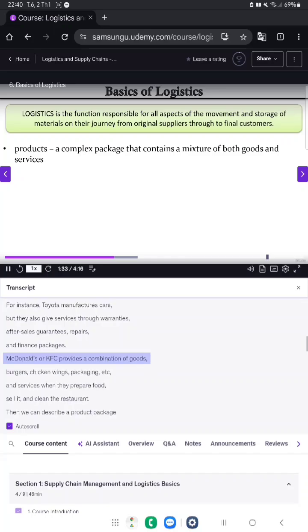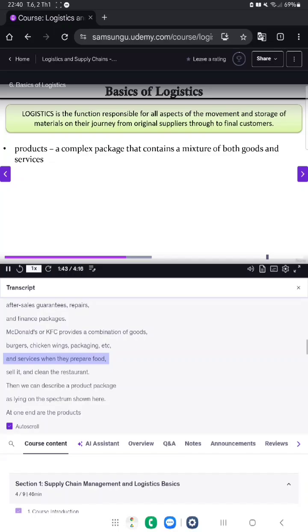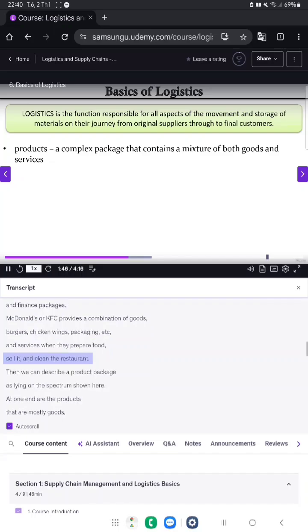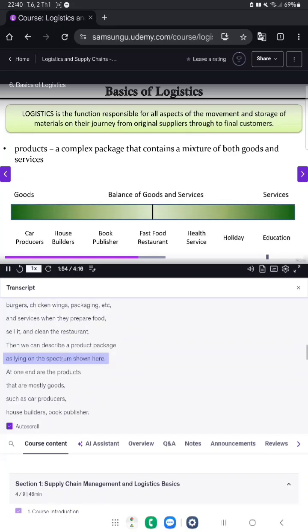McDonald's or KFC provides a combination of goods, burgers, chicken wings, packaging, etc., and services when they prepare food, sell it, and clean the restaurant. Then we can describe a product package as lying on the spectrum shown here.